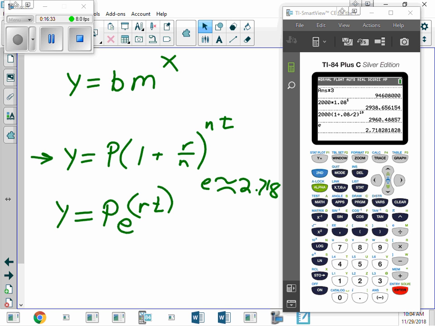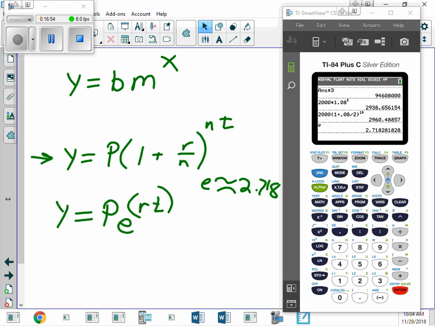And the truth is, PERT is for every exponential situation except for money. Anything in the real world compounds continuously. The only things in the world that don't compound continuously are our bank accounts that we have created.